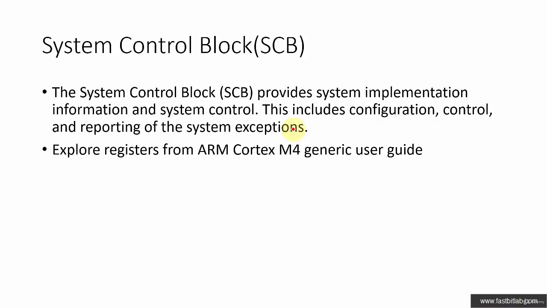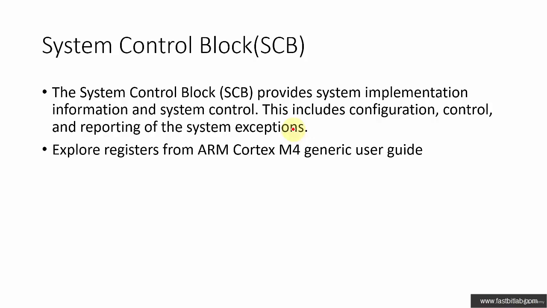Basically, as its name indicates, the system control block contains registers to control and configure some of the system-specific functionalities of the ARM Cortex-M processor. For example, you can configure the system exceptions, enable or disable them, configure the priority for them, and various other things.